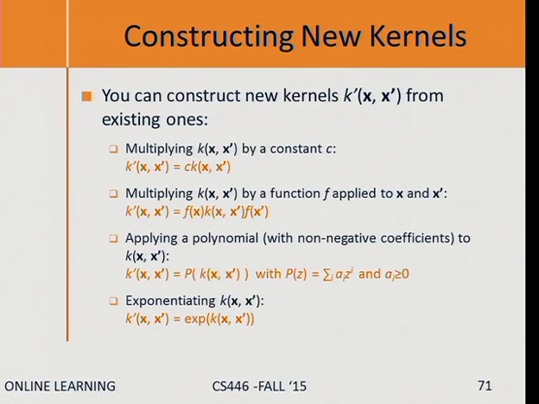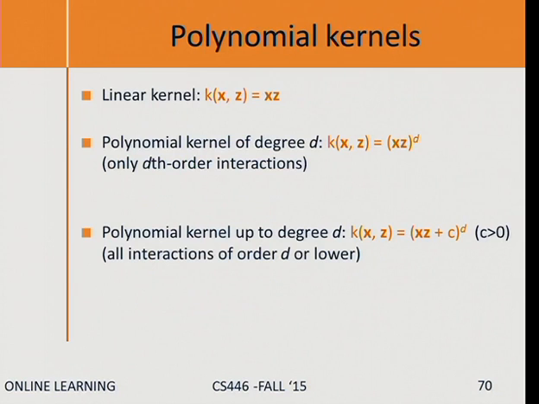Now, once you have a kernel, there are very simple operations that you can run on kernels, and I'm just listing a few of them. All of them are very, very easy to prove directly from the definition. So if you take as your definition, this is a kernel because I know how to write it as a dot product in a d-dimensional space, which was one of the definitions I gave, and we've seen it for d equal 2.